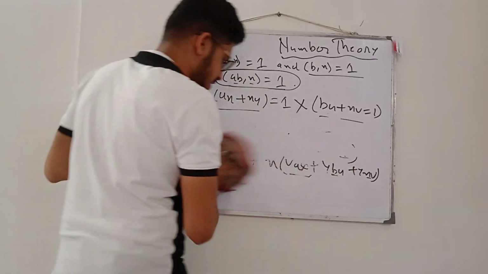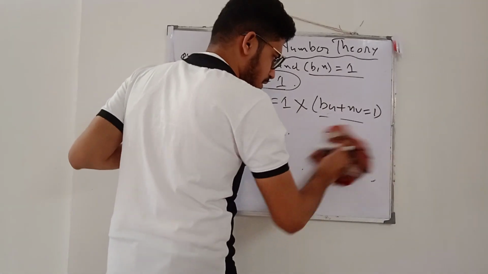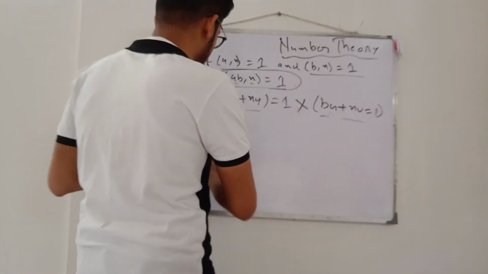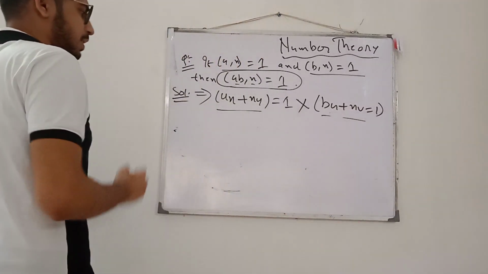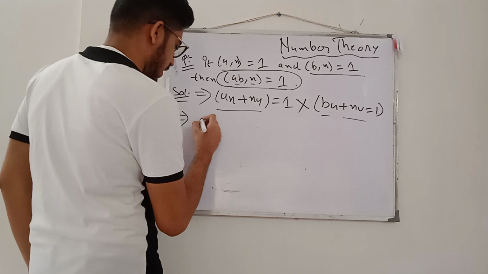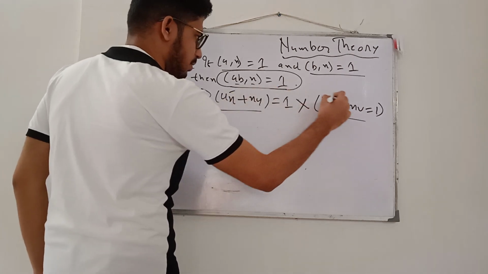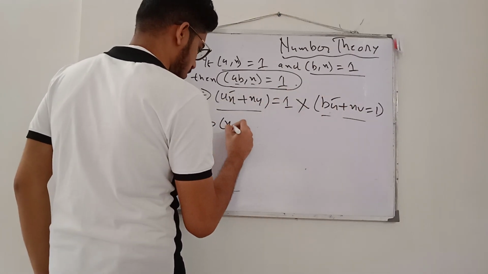After multiplying this, this one will multiply this one, ab into xc.